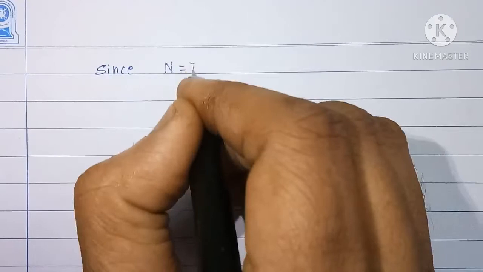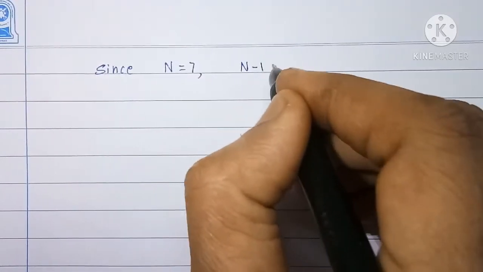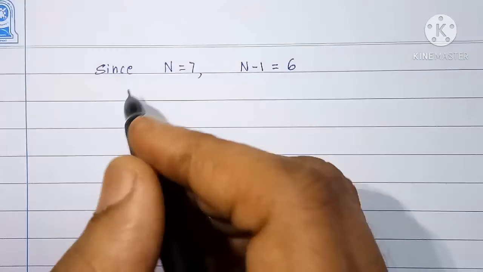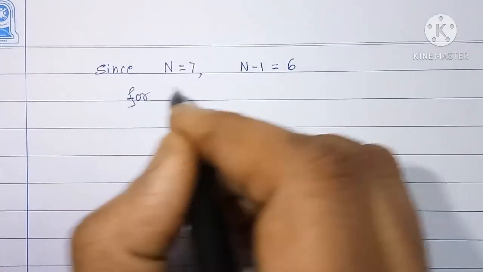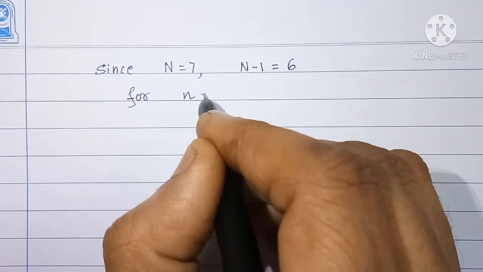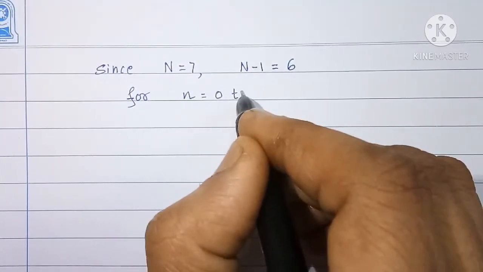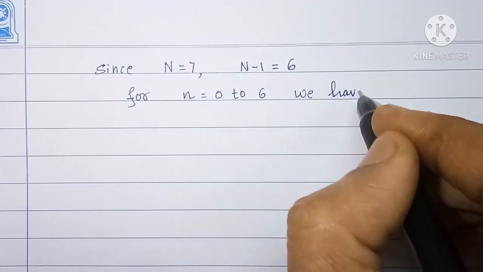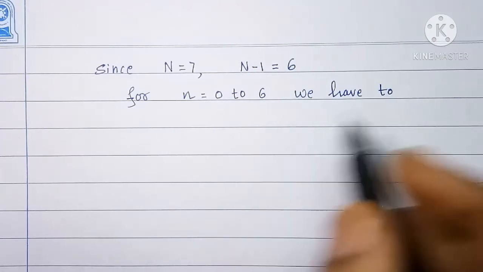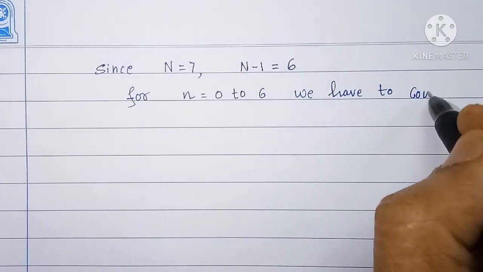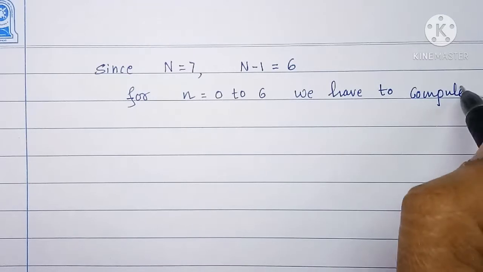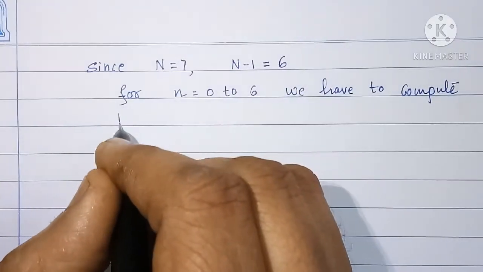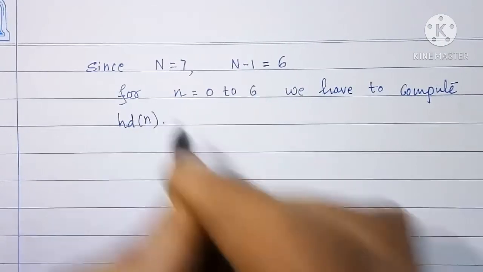Since n is equal to 7, n minus 1 is equal to 6. For n equal to 0 to 6, we have to compute HD of n.